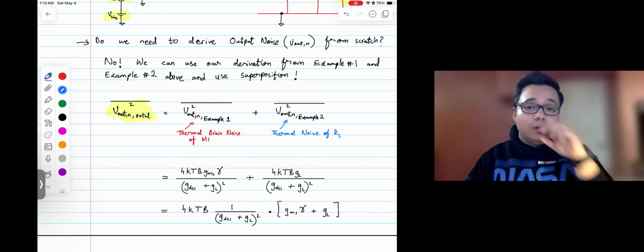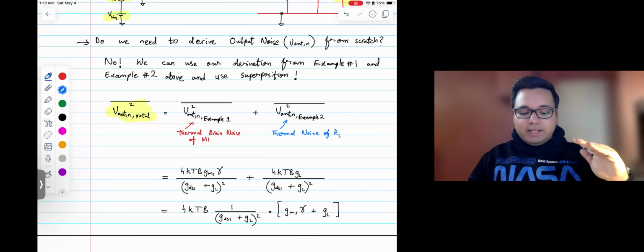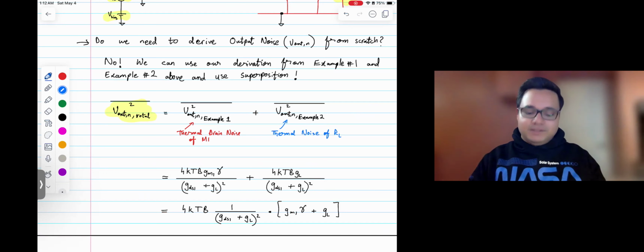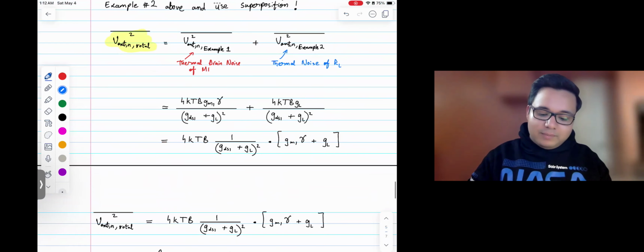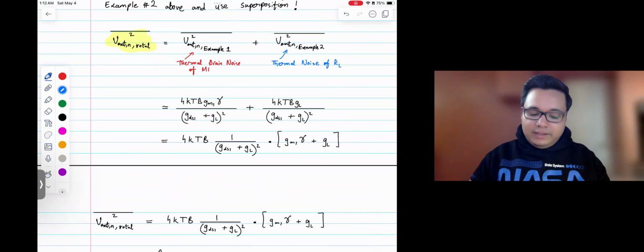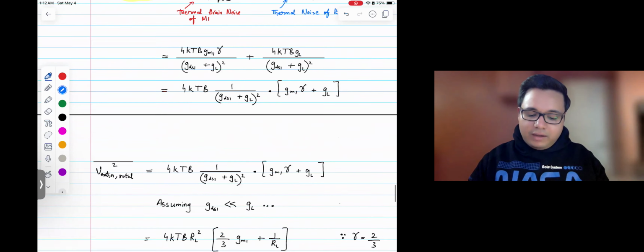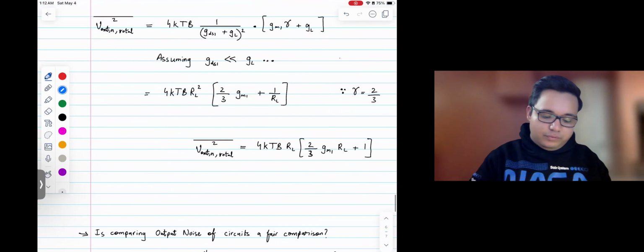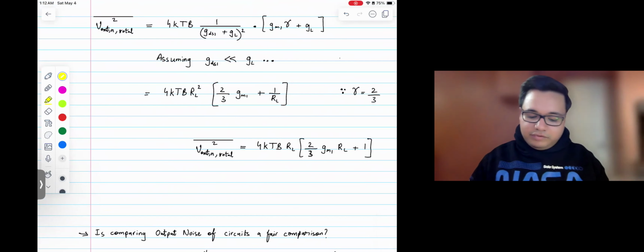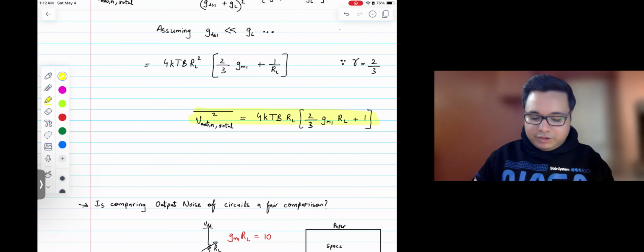Right? So we add the two up, and we get the total output noise. It's as simple as that. So I have subbed in the expressions for both here, and then after a bit of rewriting and simplification, you'll get this final expression over here.